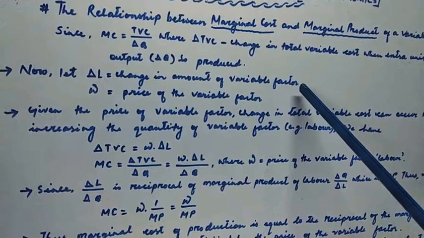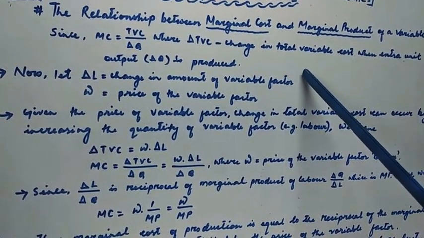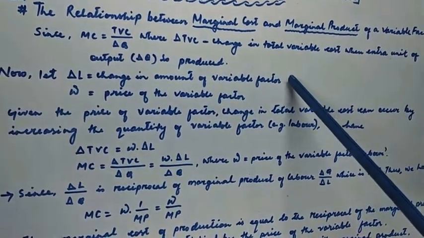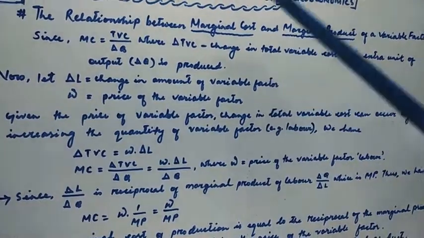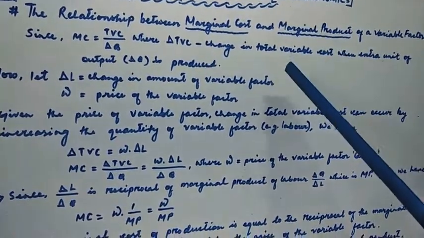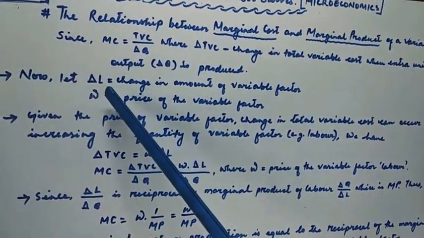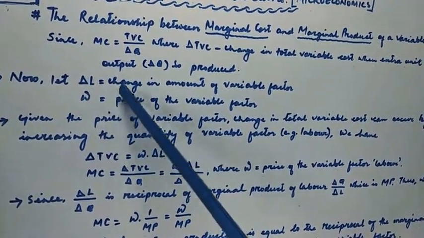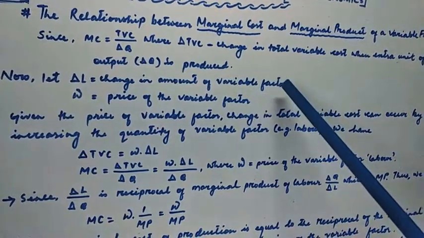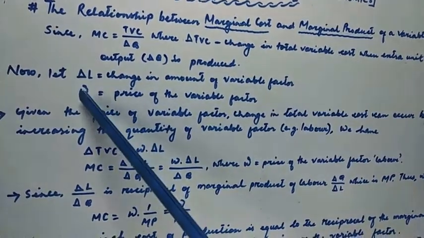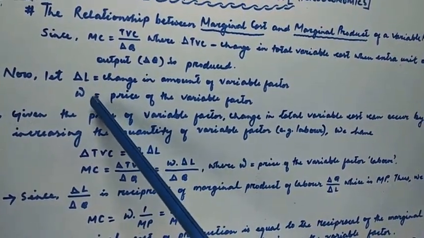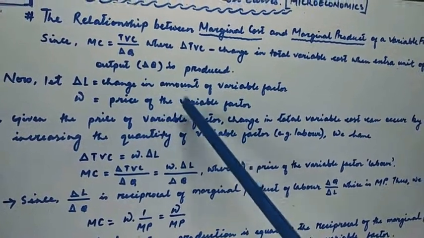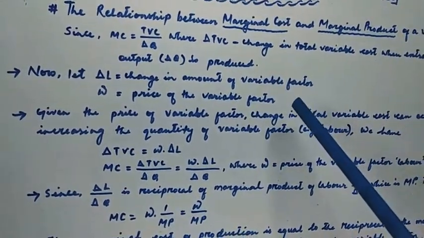Here when we talk about variable factor, we are taking the example of labor, and we have discussed what a variable factor is, what fixed factors are, and so on. Let us assume that delta L is the change in the amount of variable factor, that is labor, and small w represents the price of that variable factor.